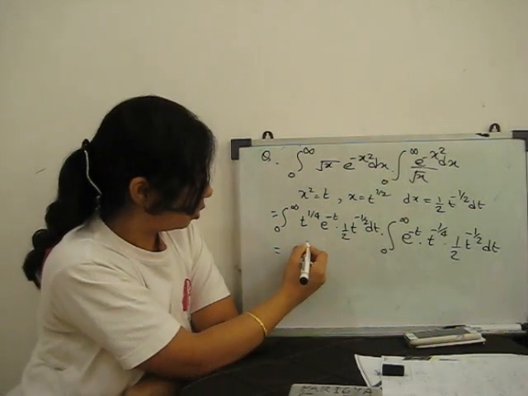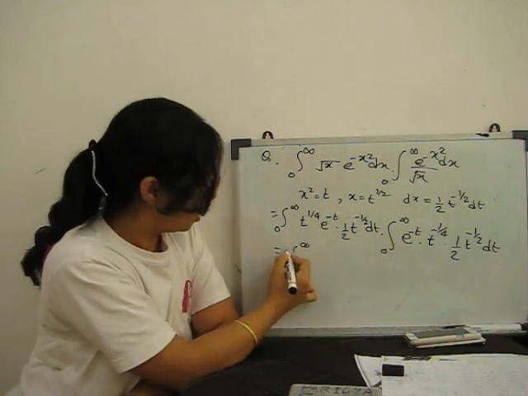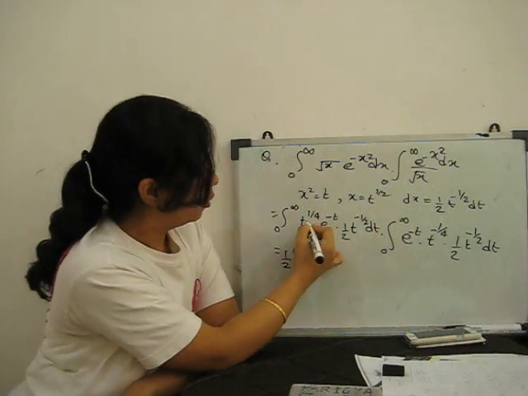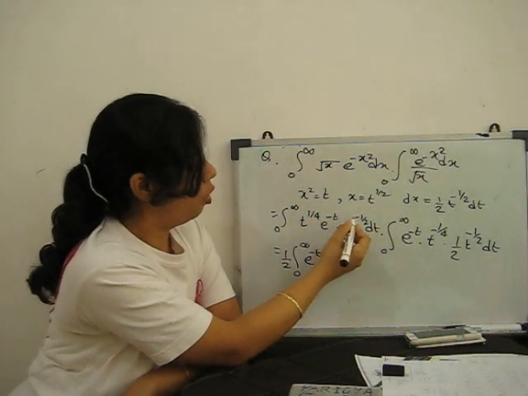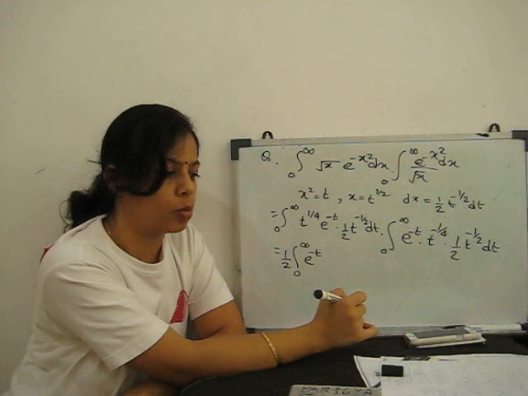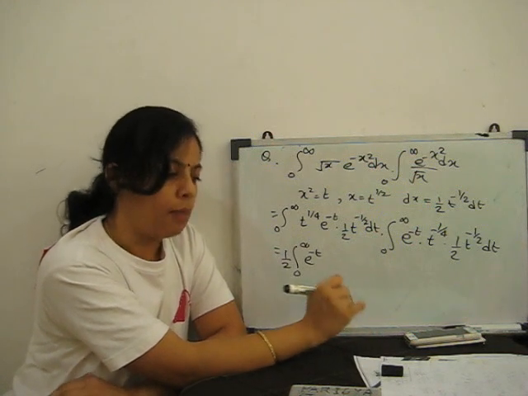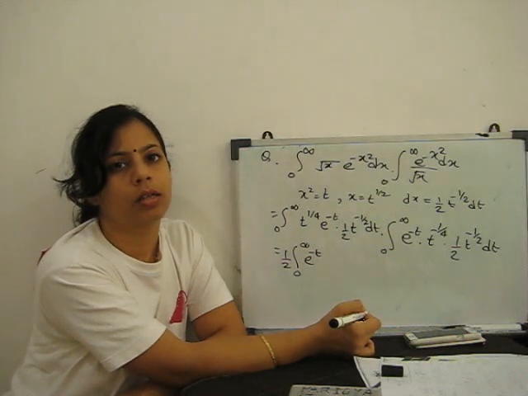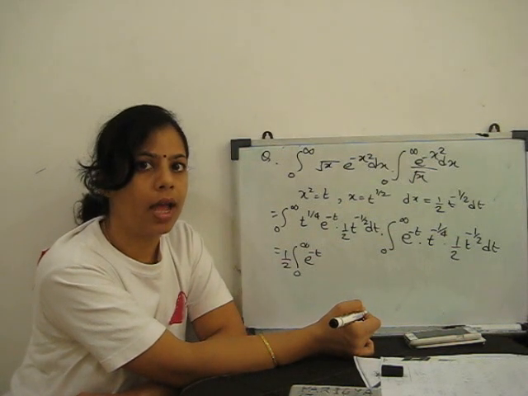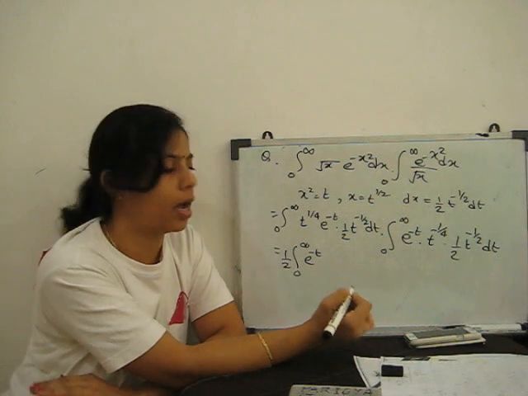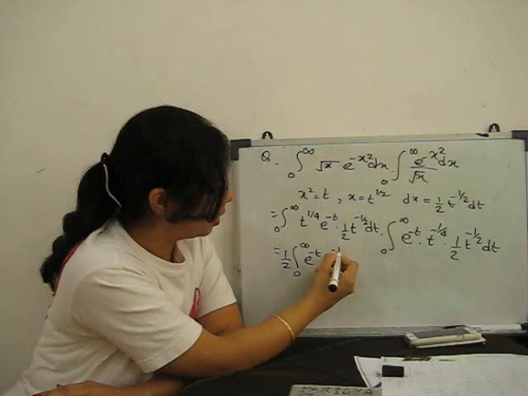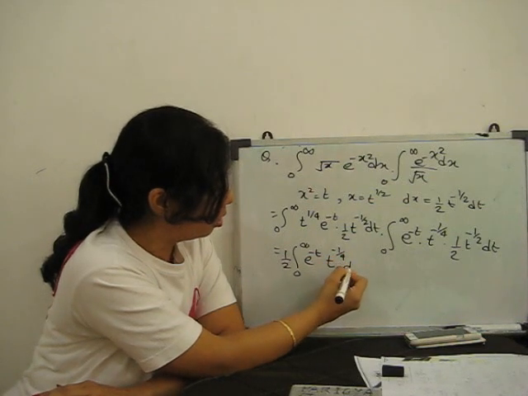It becomes 0 to infinity, taking 1 by 2 outside, e to the power minus t, t to the power 1 by 4 minus 1 by 2. So 1 by 4 minus 1 by 2 is what? Minus 1 by 4. So it is t to the power minus 1 by 4 dt.